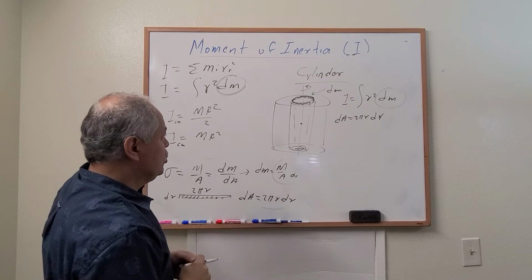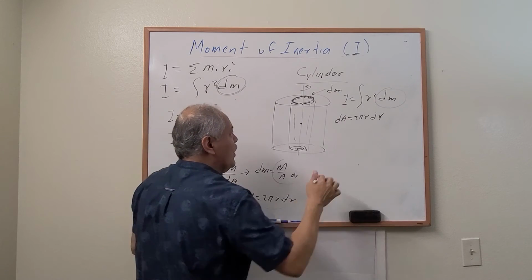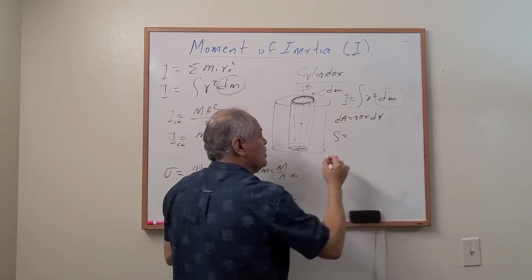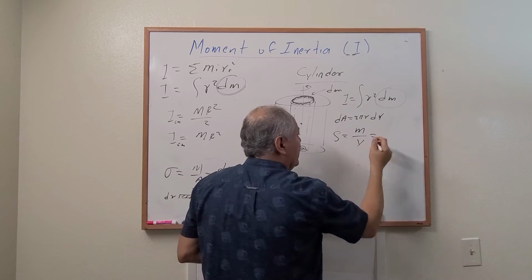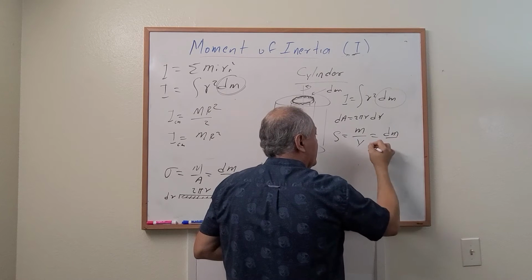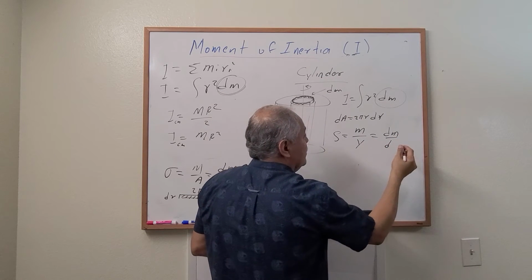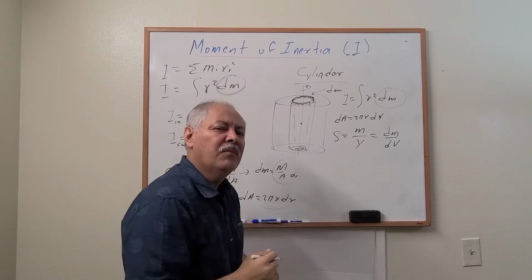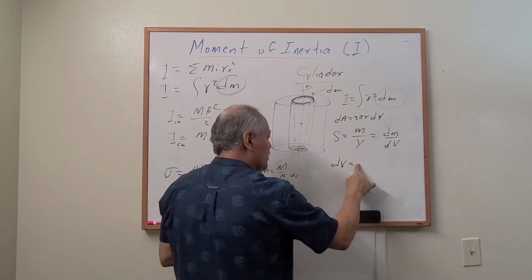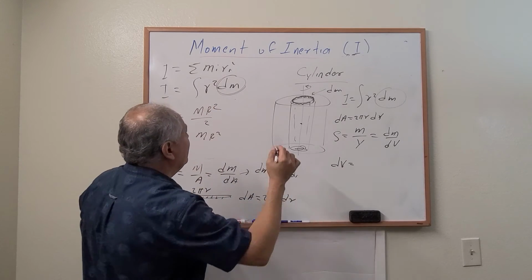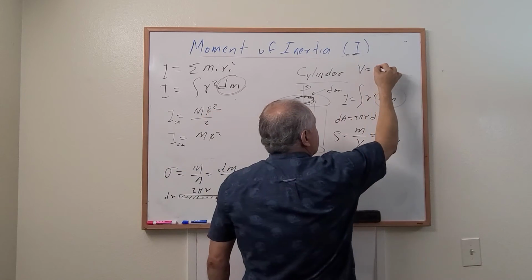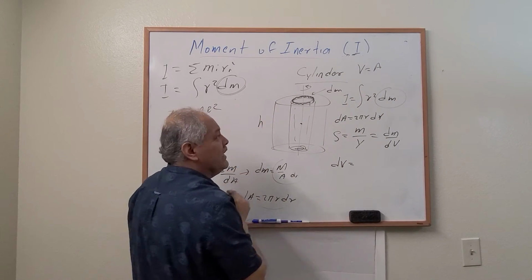Now let's go to the volume density. Volume density is equal to mass over volume, or now we can use this element of mass in this way, dm over the element of volume dV. What is the volume of a cylinder? The volume is equal to the area of the base A times the height h.